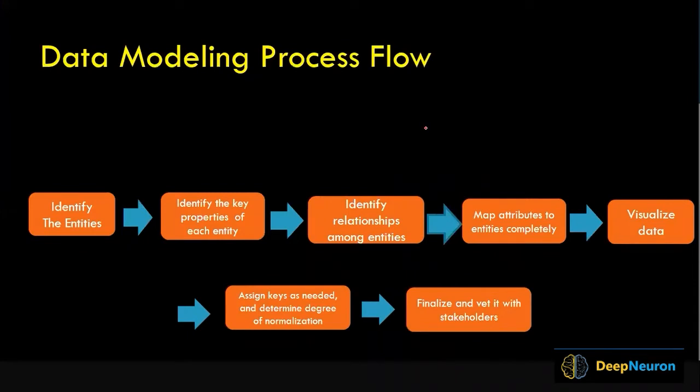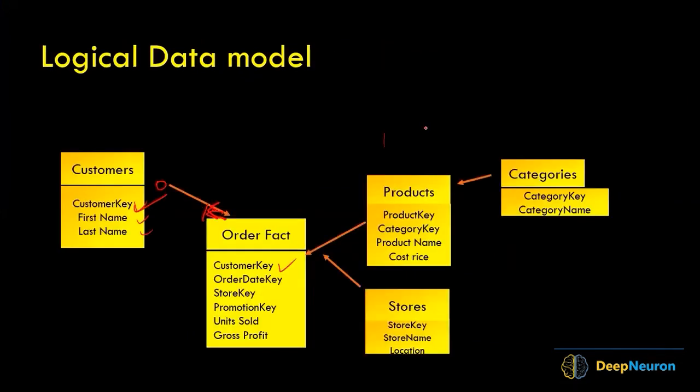As part of logical design, we identify all the attributes, and the next one is the physical data model. In the physical data model, we define the data type for each and every column. For example, customer key is a string or character text data type, and we define the data type and the width also.